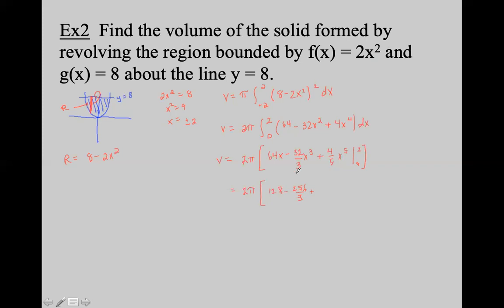There it is. 128 fifths is what it is. So simplifying all that, be sure to multiply by your 2 pi. You should get that your volume is equal to 2,048 fifteenths pi.